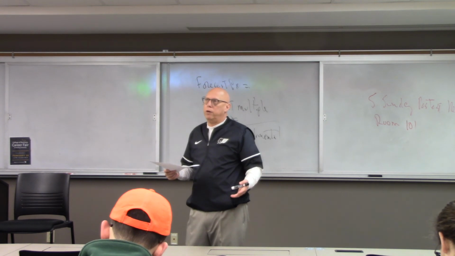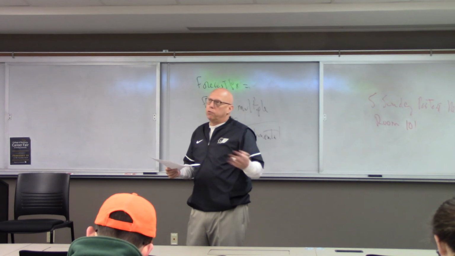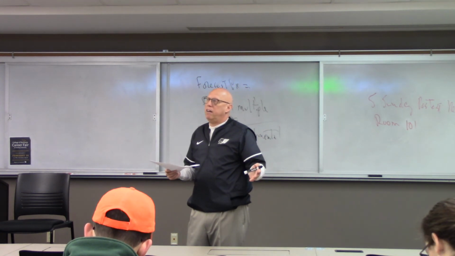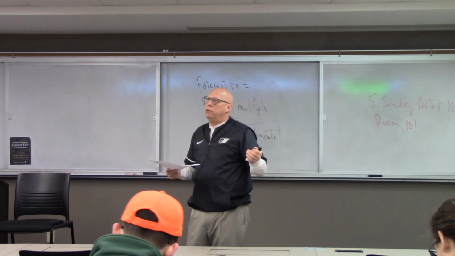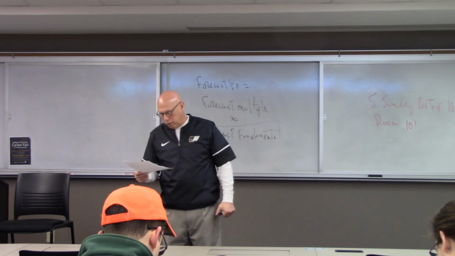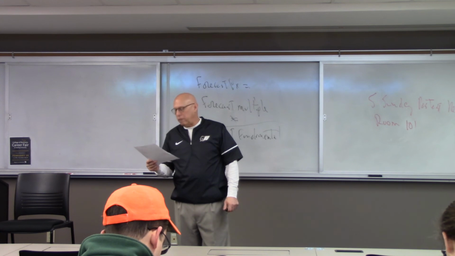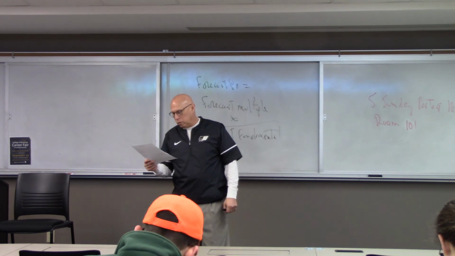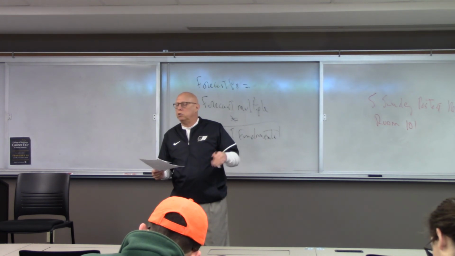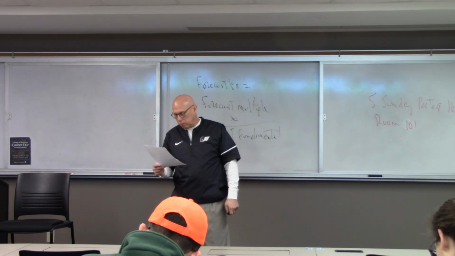A 2,500 square foot house has 3 bedrooms and 3 bathrooms, maybe 2.5 baths, and a dining room and a den. So 115 times 2,500 is 287,500. 2,500 is a nice size house for a family of 4. It's not big, but it's not small. It's a good solid size.